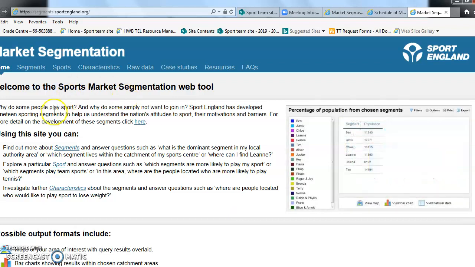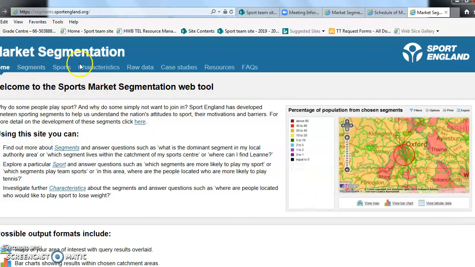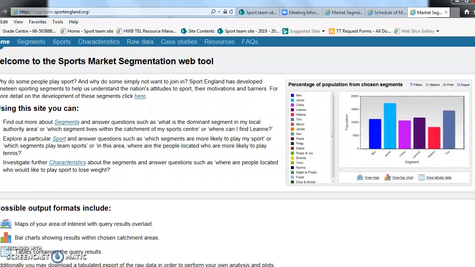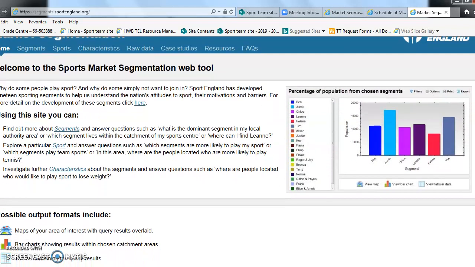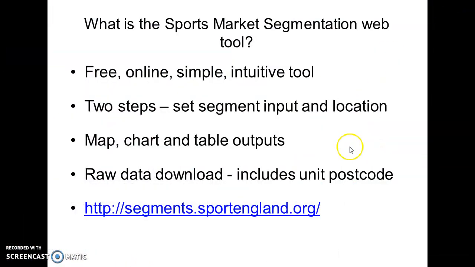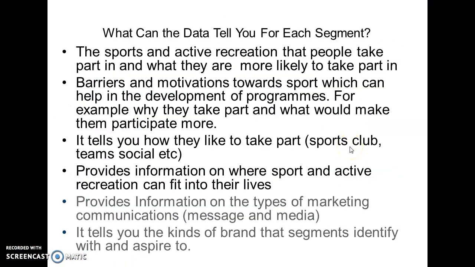So this is the home page. Once you go into this, you'll be able to see it a bit clearer because obviously it doesn't fit into the screencast link here. And this front page just gives you a little bit of information about what is included. What we would want you to do is think about what data you'll be able to get from each segment.